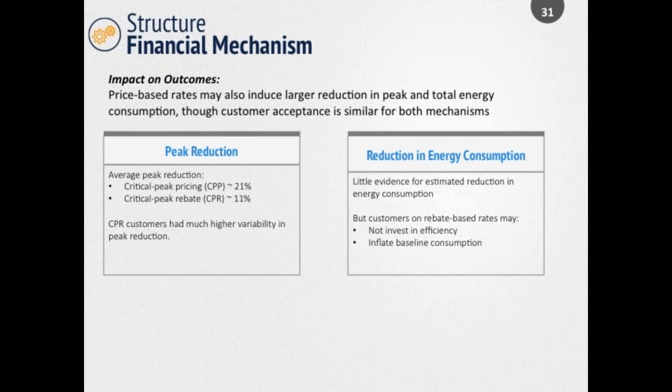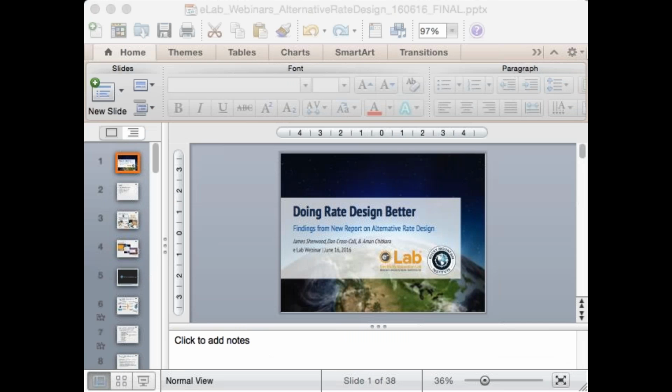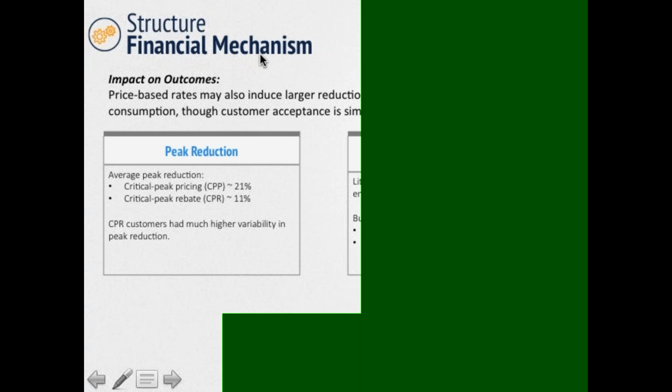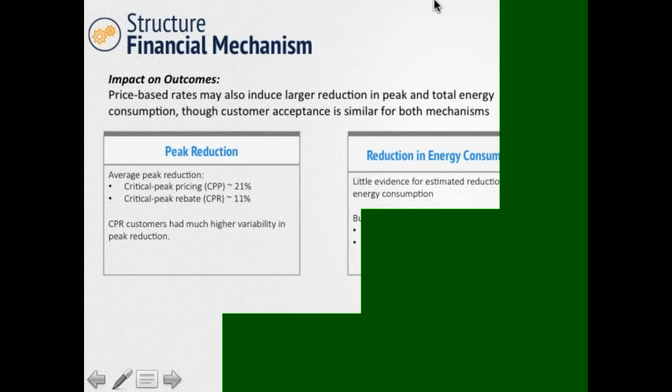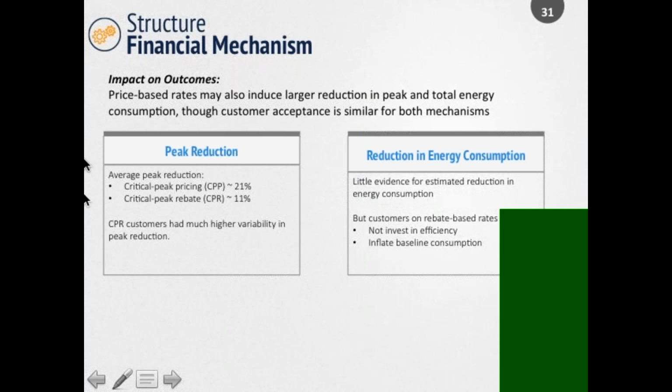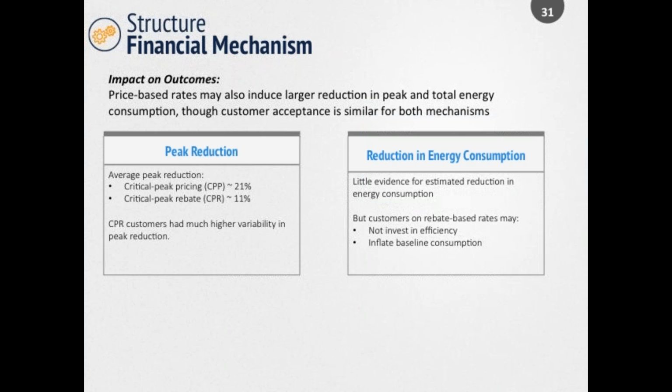While there is lesser evidence to compare the reduction in energy consumption for price-based and rebate rates, it's postulated that rebates result in a lower total reduction and may also reduce customers' incentives to invest in energy efficiency.